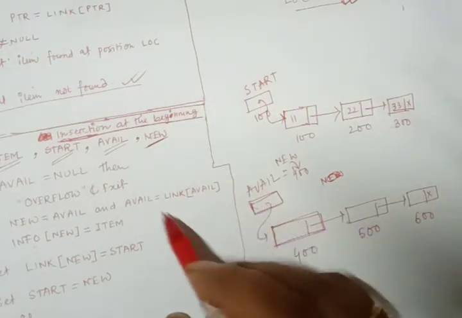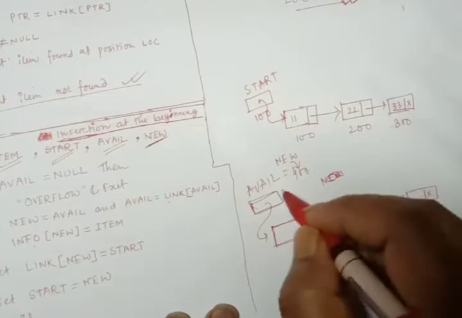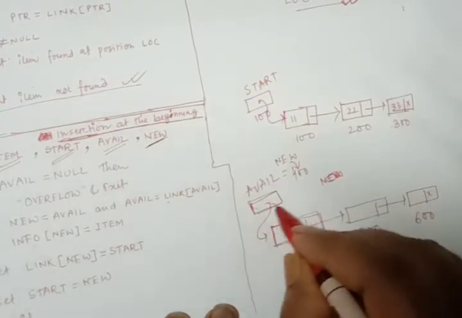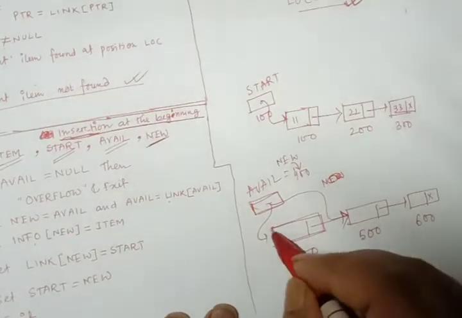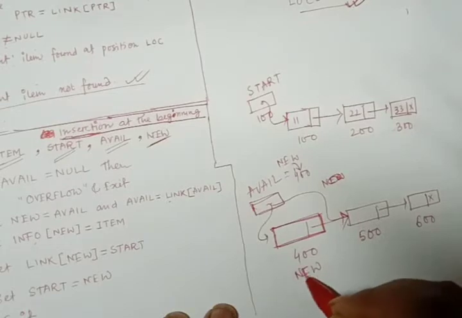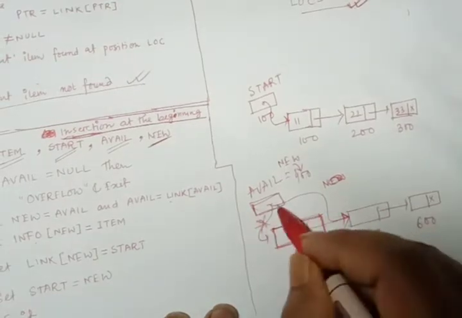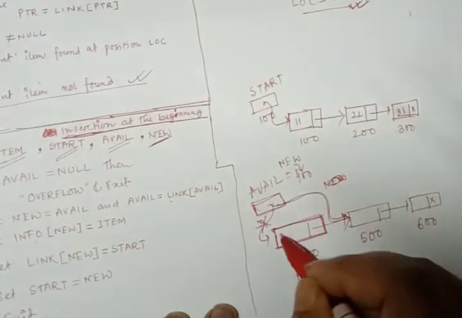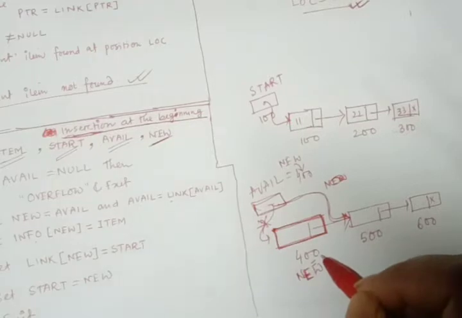So here you see that avail equal to link of avail means the new value of avail will be what? The new value of avail will now point to 500. So this block will come out from the avail list, and we break the link here, isn't it? So this block is now the new block, and the value of new is 400.